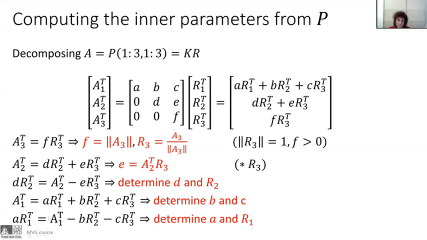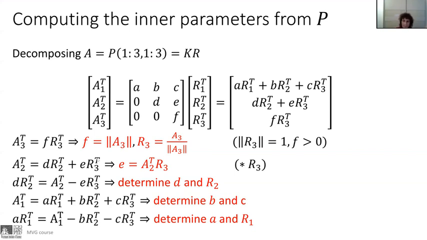Now, you can ask the question, why are you sure that you get an orthogonal matrix? Why are R1, R2, and R3 an orthogonal matrix? And the answer is that if you follow the construction and you make the calculation, you immediately see that you get an orthogonal matrix.